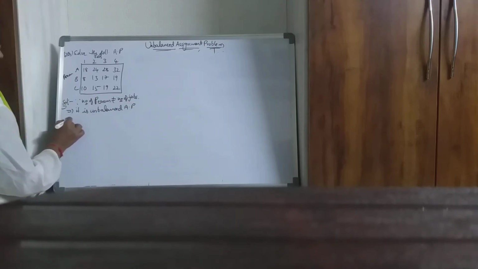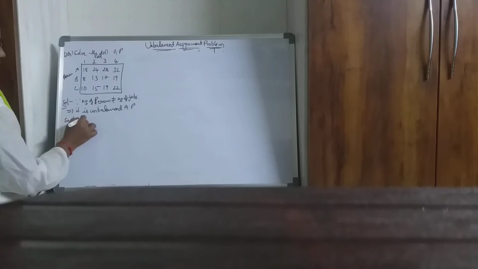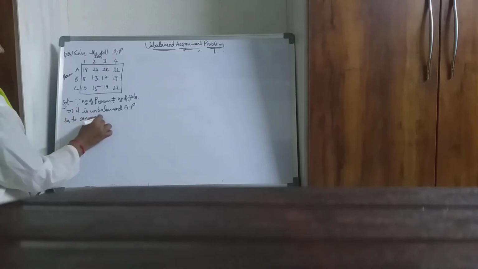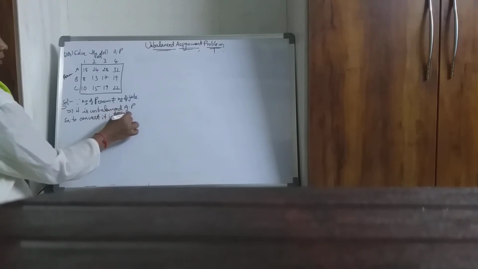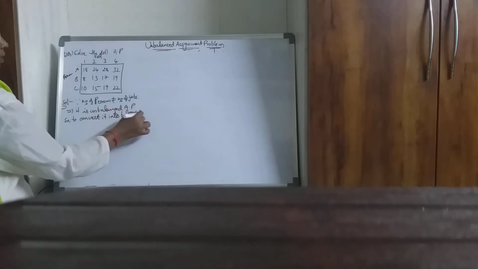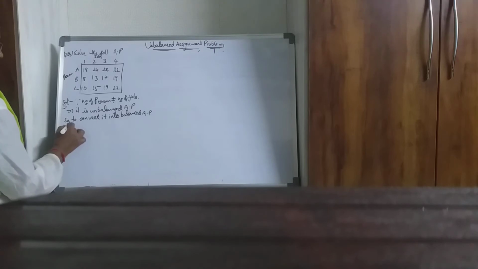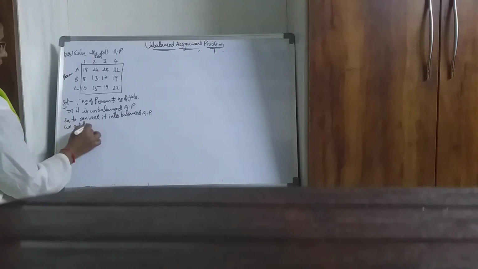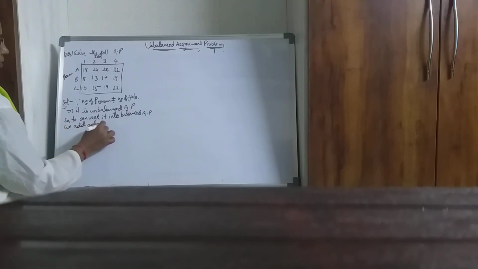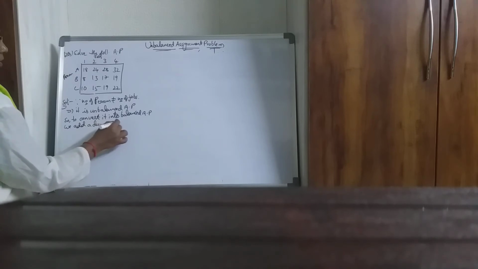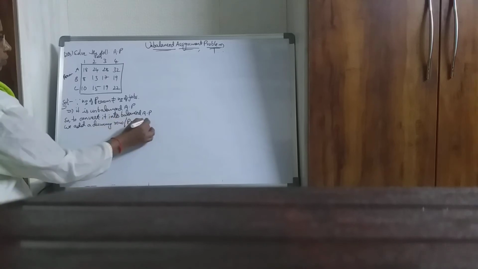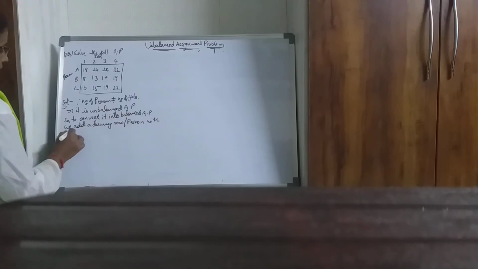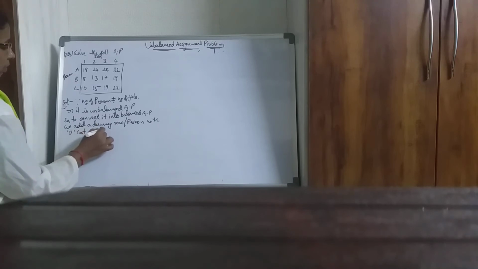So to convert it into a balanced assignment problem, we add a dummy row or dummy person with zero cost as given below.